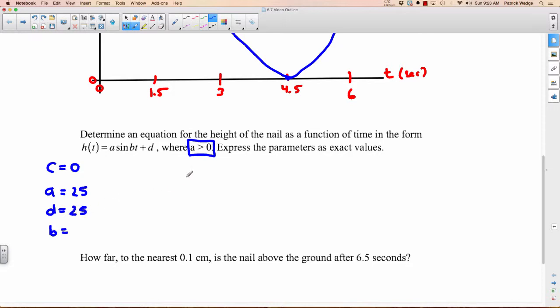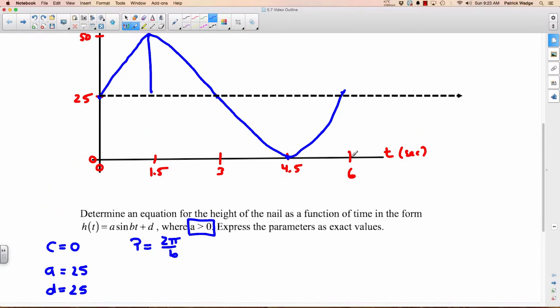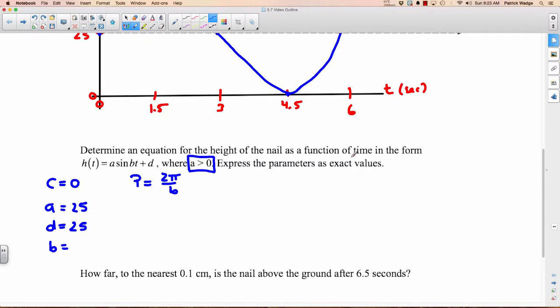Now, the B value. In order to get the B value, you have to use the equation that the period equals 2 pi over B. Do we know the period? Yes, we do. We already talked about that. The period is 6. If you want, I could write that down. 6 equals 2 pi over B. If you need to solve it this way, you can. Multiply both sides by B. That gets rid of these.